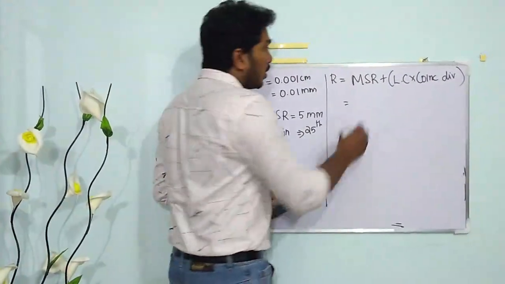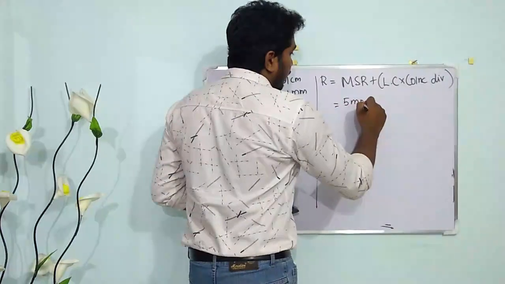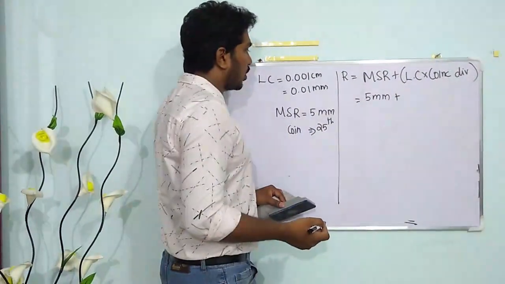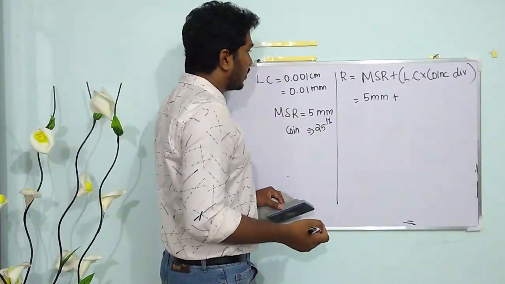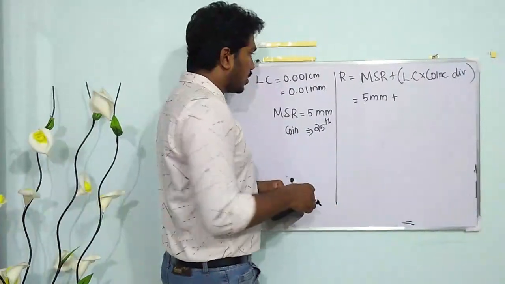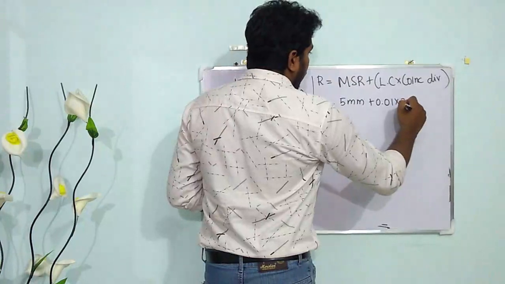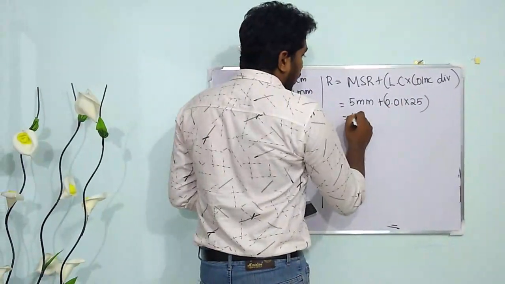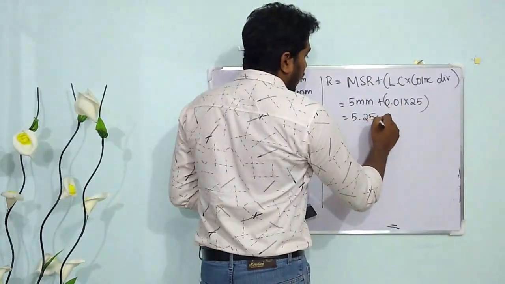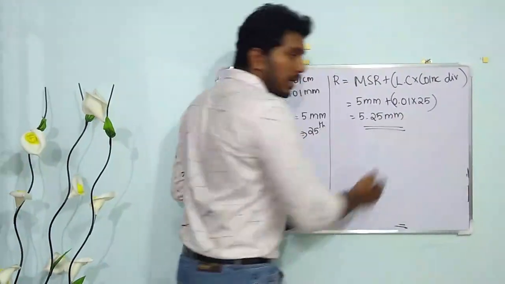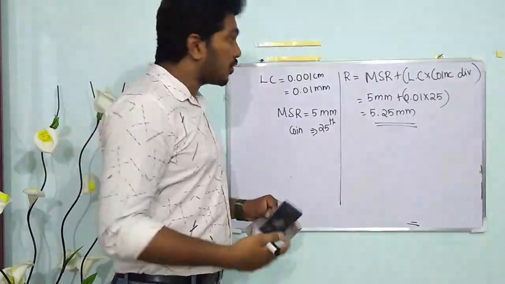Main scale reading is 5 millimeter plus least count is given as 0.01, so 0.01 into 25. So you're getting 5.25 millimeter, right? But don't forget the last part of the question.